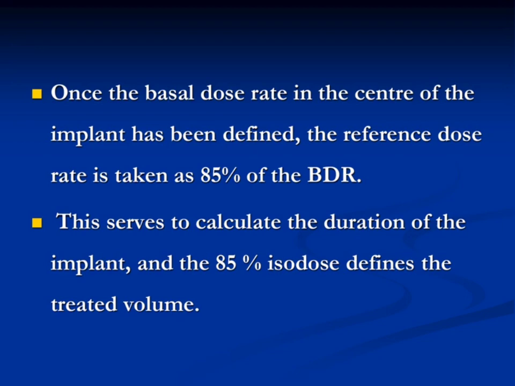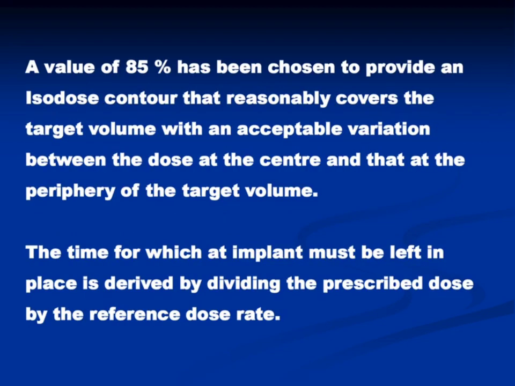The separation between the sources or planes varies from implant to implant, but between two sources the minimum spacing required is 8 millimeter for a small volume tumor, and the maximum is 20 millimeter. The average length I have already told you.